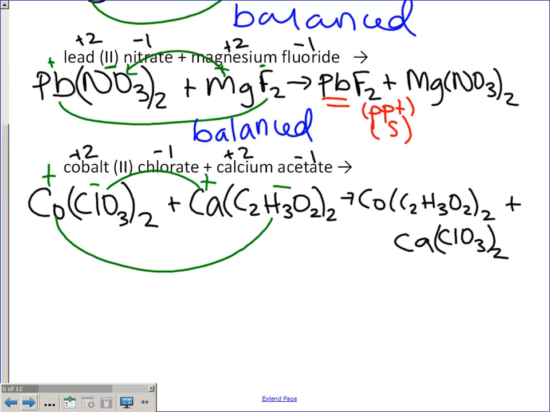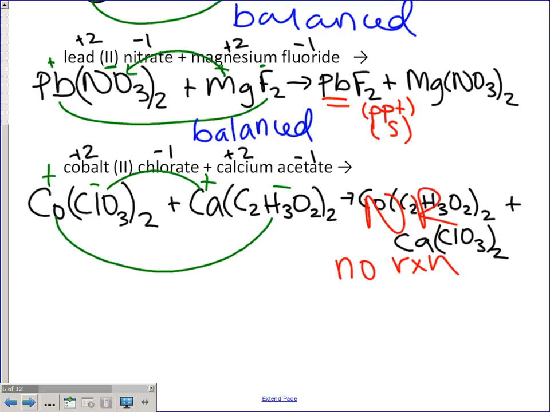So all chlorides, bromides, and iodides except silver, lead, or mercury. So calcium is not one of those. So actually both of these products are soluble. So I would actually just write NR or no reaction. If I do not form a solid, I cannot have a reaction.